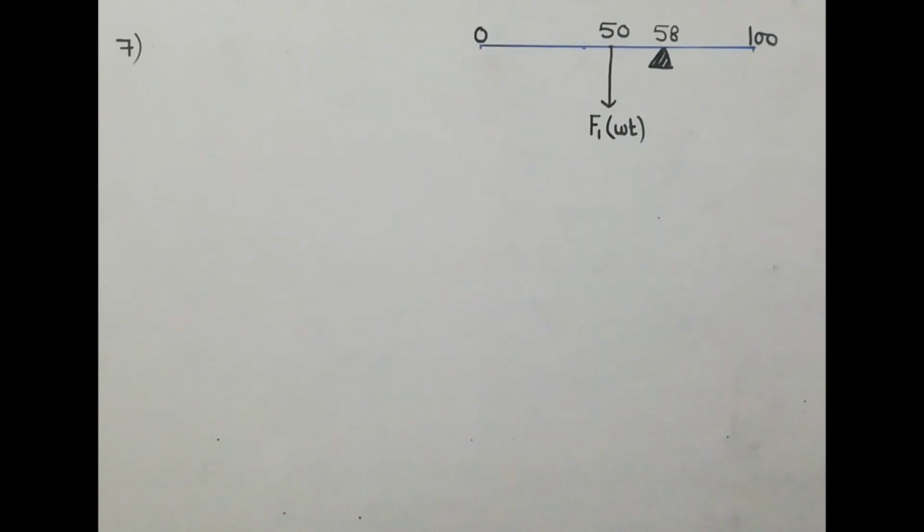Now to counterbalance it, you need another force that can produce clockwise moment. Now what the question says, a weight of 20 gf is suspended from one end. To balance this rule, they are giving you a weight of 20 gf, and now you have to decide at which end you are going to place that weight.